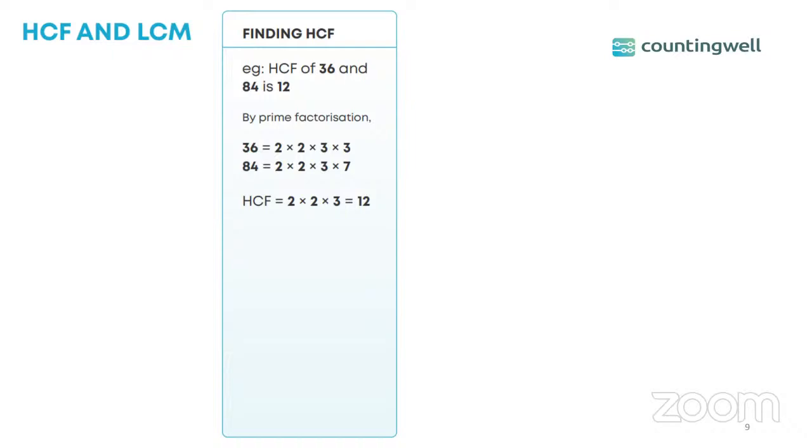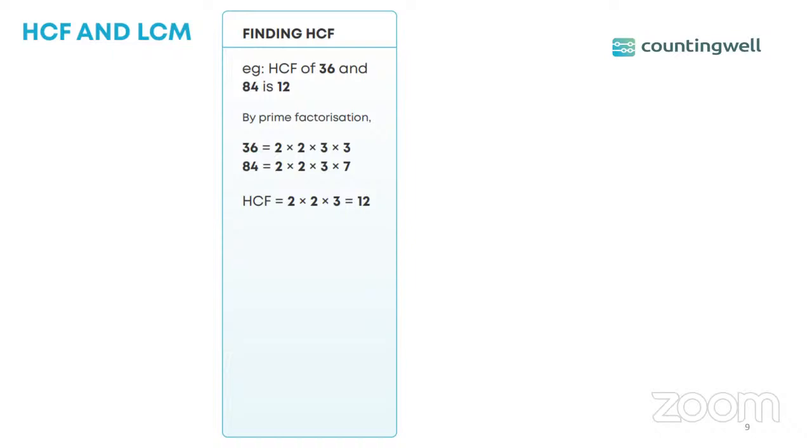For this factorization, we can use either the factor tree method or the division method. So 36 can be written as 2 into 2 into 3 into 3, and 84 can be written as 2 into 2 into 3 into 7. Note that these numbers are prime numbers. So these are the prime factors of 36 and 84.